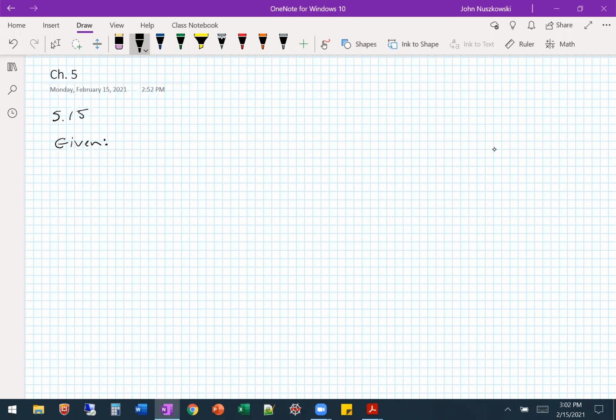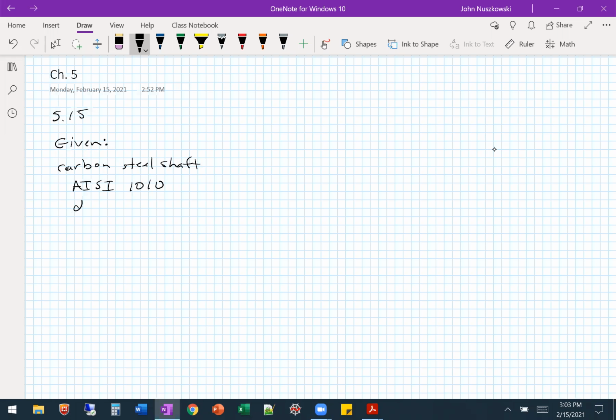All right, so we have a carbon steel shaft, AISI 1010.